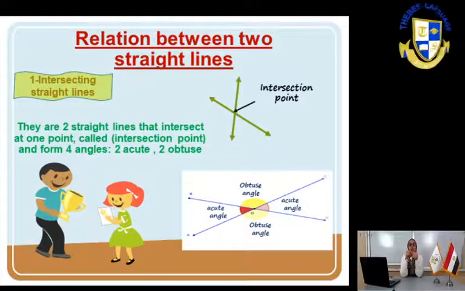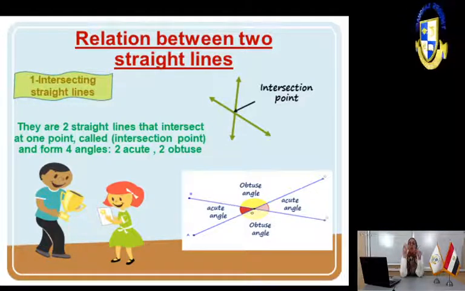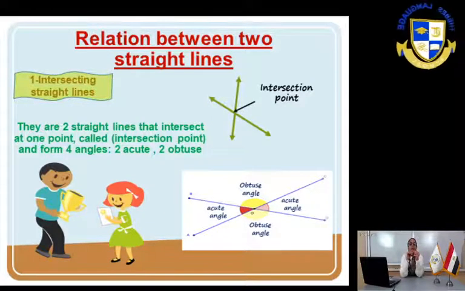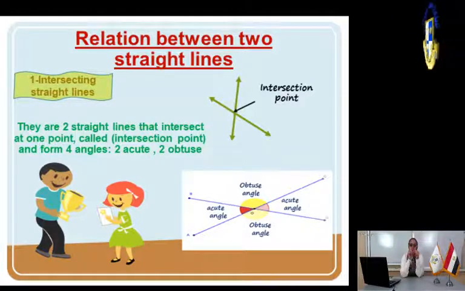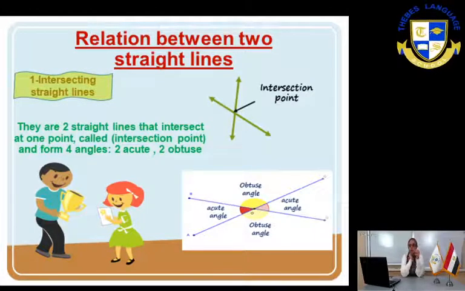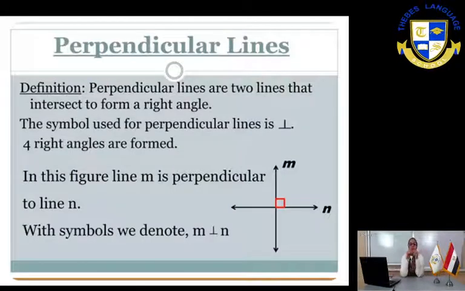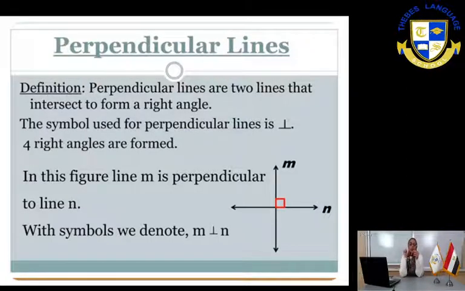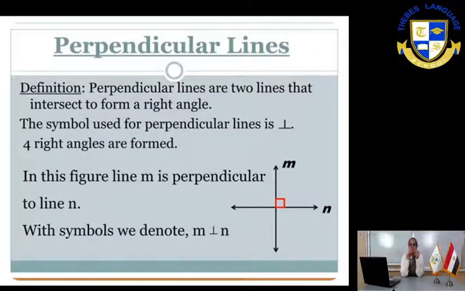So the intersecting straight lines form four angles. Their types are two acute and two obtuse. Two acute angles and two obtuse angles. Okay? Next slide. But don't forget, the intersecting straight lines have just one intersection point.